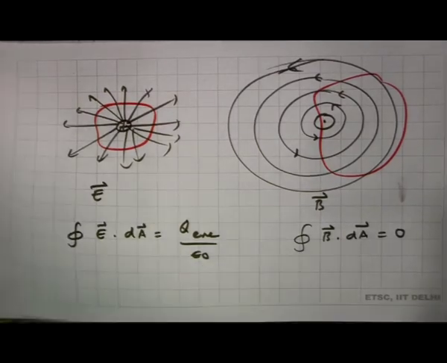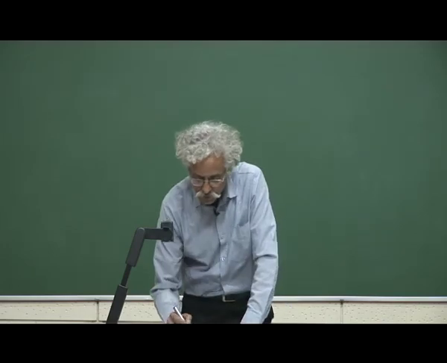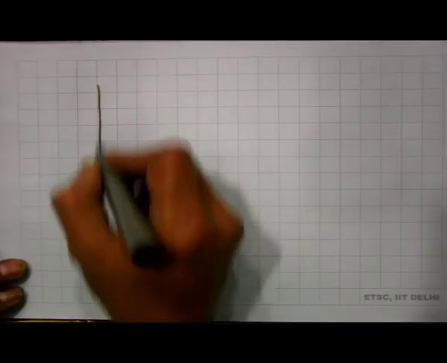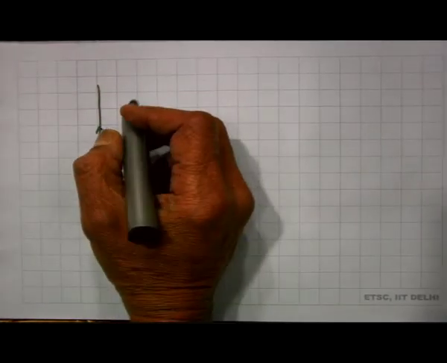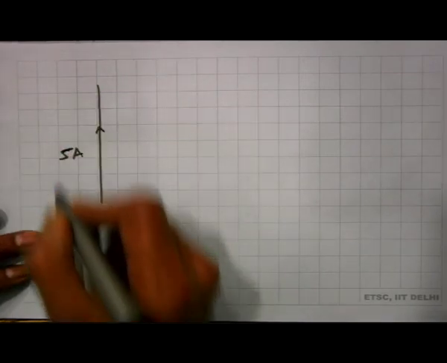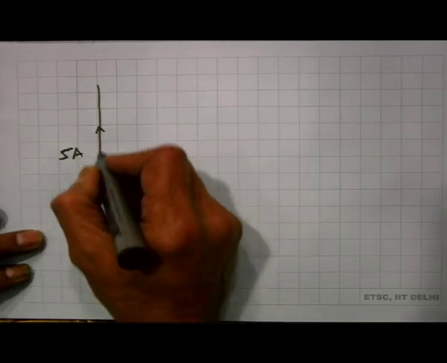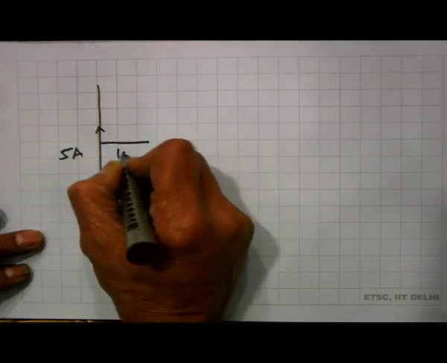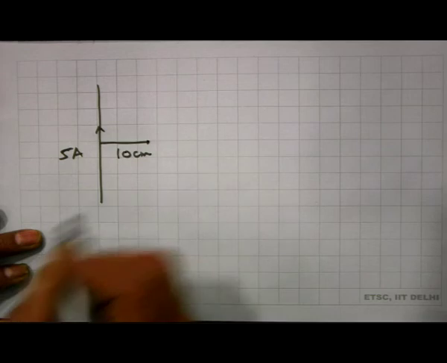So, let me take an example. Suppose I have a current carrying conductor here, and suppose I assume 5 amperes of current flowing like this, and I want to find the magnetic field at a distance of 10 centimeters from the current carrying conductor.